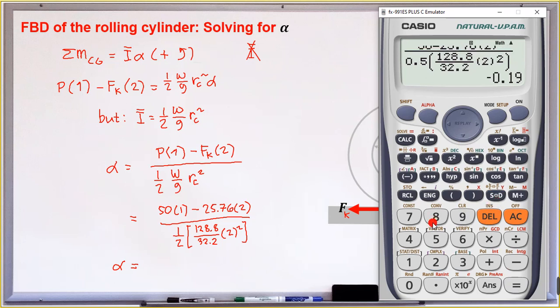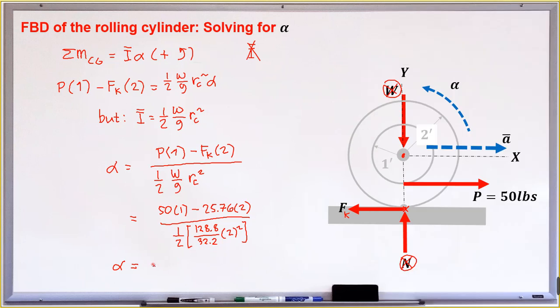So we have negative 0.19 radian per second square.